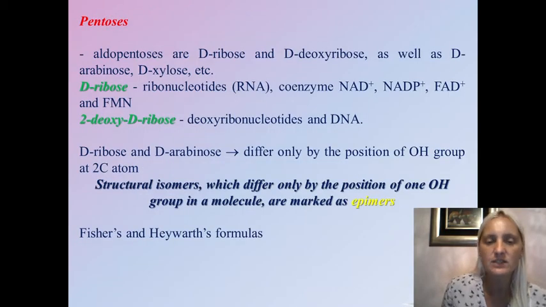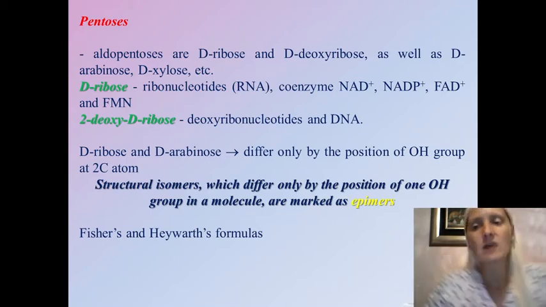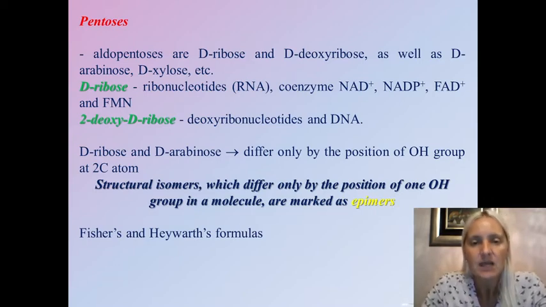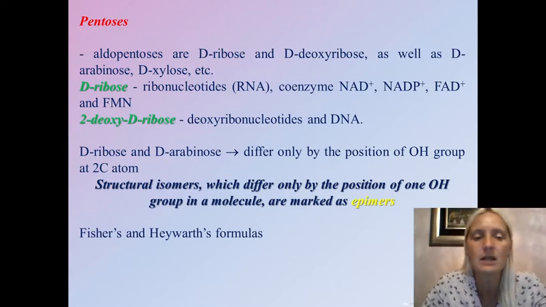Moving on to pentoses, we have two famous representatives, which I think everybody knows, D-ribose and D-deoxyribose, and we have some others like D-arabinose, D-xylose, and so on. D-ribose, we all know, is found in RNA, and in certain coenzymes, which I have already mentioned, NAD, NADP, FAD, FMN, and 2-deoxy-D-ribose is found in DNA.